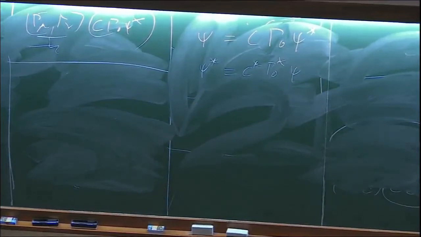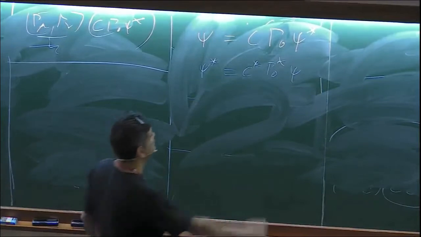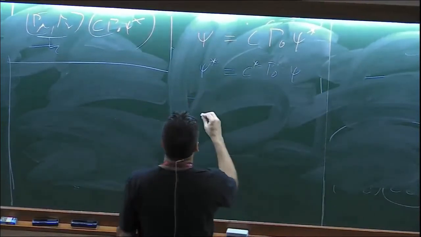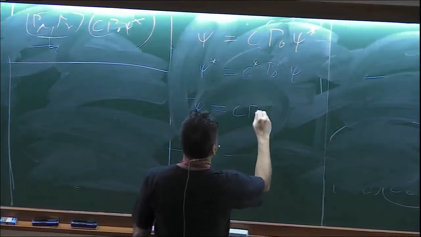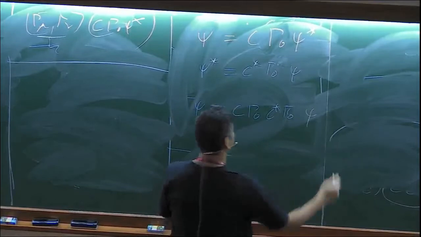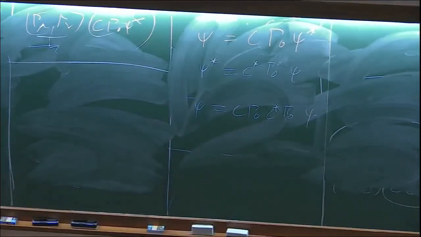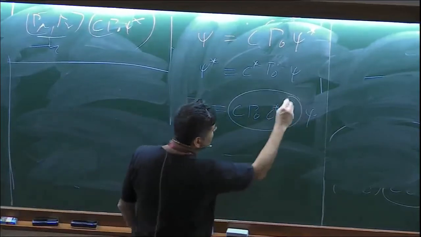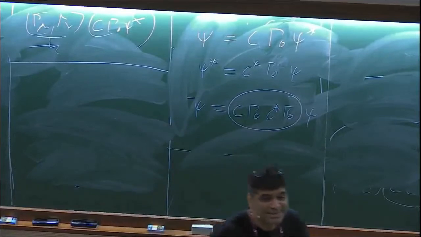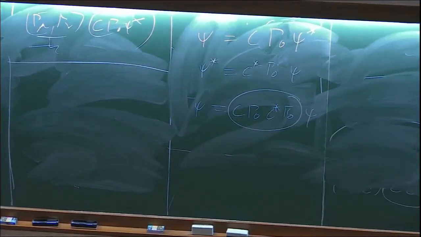So gamma 0 star is gamma 0. Okay. Plug this back in. We get psi is equal to C gamma 0, C star gamma 0 psi. Whether you put a star there or not doesn't matter. And this condition is consistent if and only if this quantity here admits a +1 eigenvalue.